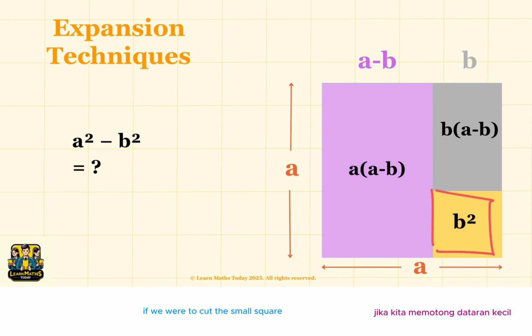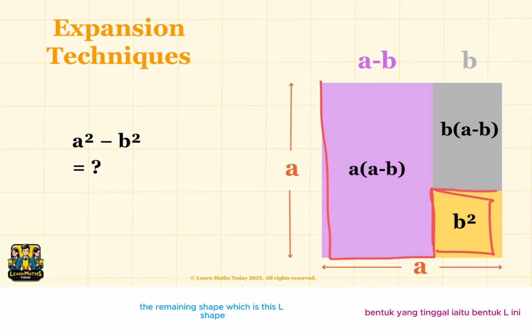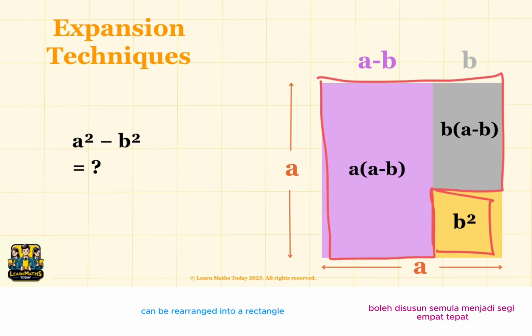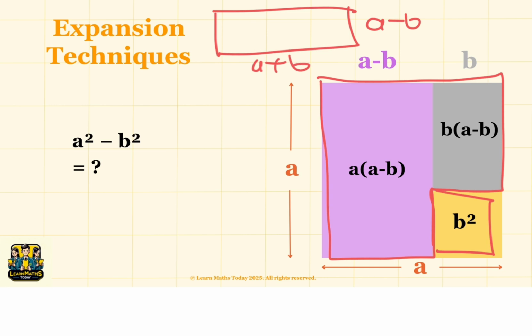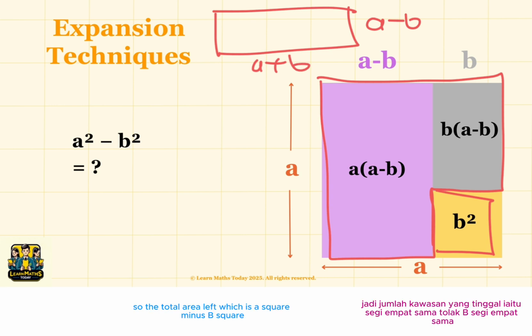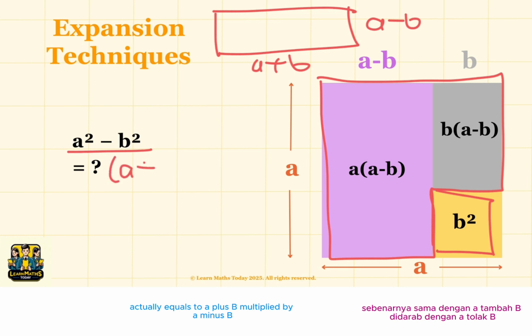If we were to cut the small square b² out of the big one, the remaining shape, which is this L shape, can be rearranged into a rectangle with the rectangle sides being a - b and a + b. So the total area left, which is a² - b², actually equals (a + b) multiplied by (a - b).